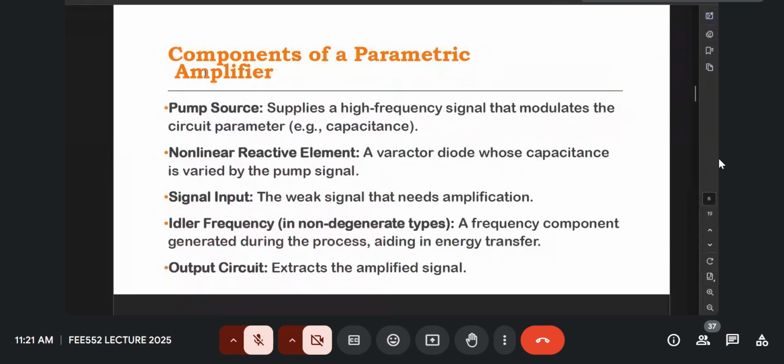Then we have something called the idle frequency. You'll come to see that the idle frequency is the difference frequency that comes after amplification to satisfy some conditions, which we will see ahead. And then we have the output circuit which extracts the amplified signal. So those are the main components of parametric amplifiers.